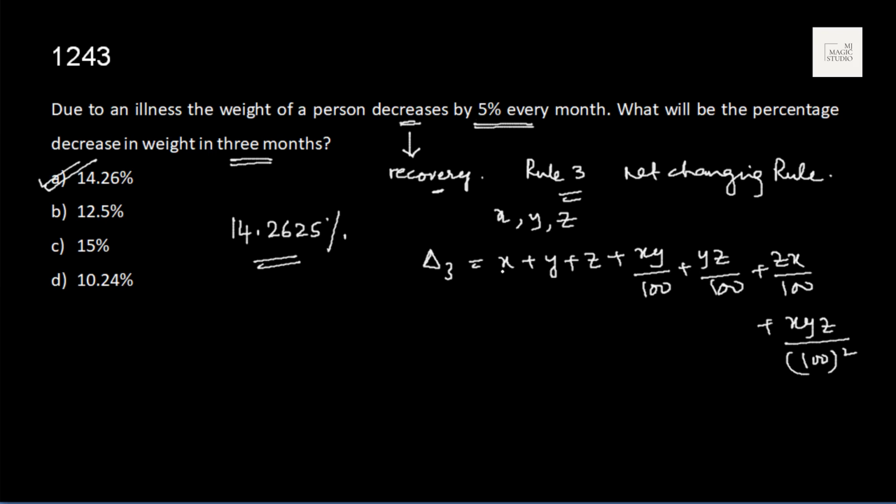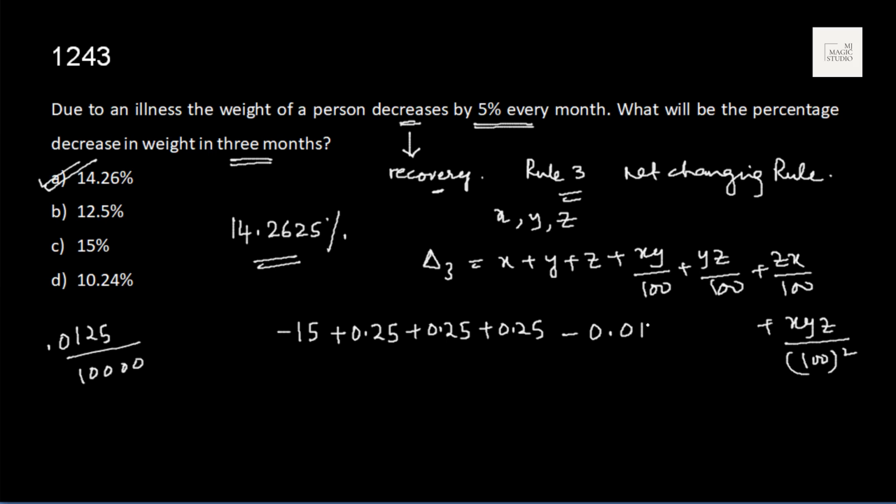Since here the change is minus 5: minus 5 minus 5 minus 5 is minus 15. Minus 5 into minus 5 will give us plus 25 by 100, that is plus 0.25, plus 0.25 and plus 0.25. Now all three multiplied will give us a minus sign. 5 into 5 into 5 is 125, but divided by 4 zeros, so it would be minus 0.0125.